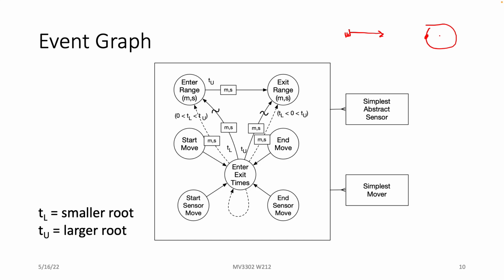But then if the target decides to, say, make a right turn, now it's going to miss, and we need to cancel this event here. That's what these canceled events are here. So basically, the enter range and exit range are going to have as their arguments the mover, the target, and the sensor that it's for.